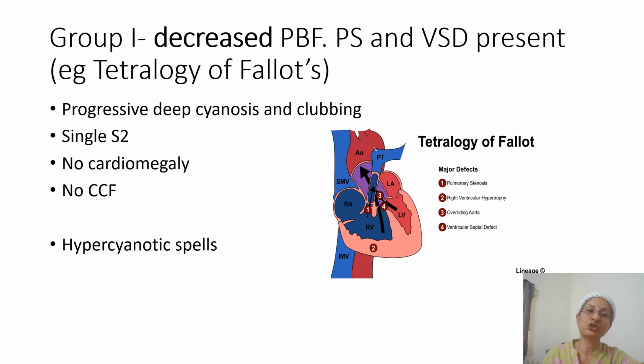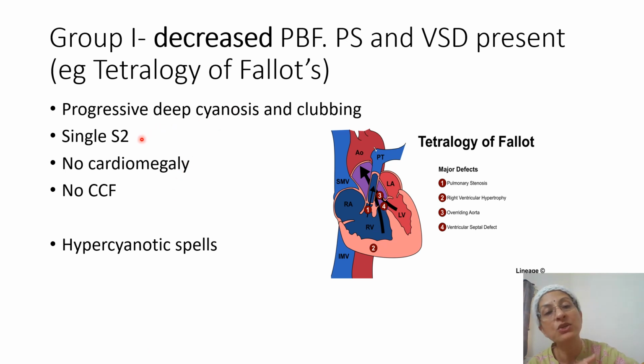So coming to the first group, in which there is a decreased pulmonary blood flow, pulmonary stenosis and ventricular septal defect. As I told you, the example is tetralogy of Fallot. There is progressive deep cyanosis and clubbing which is seen in these children, along with a single S2.